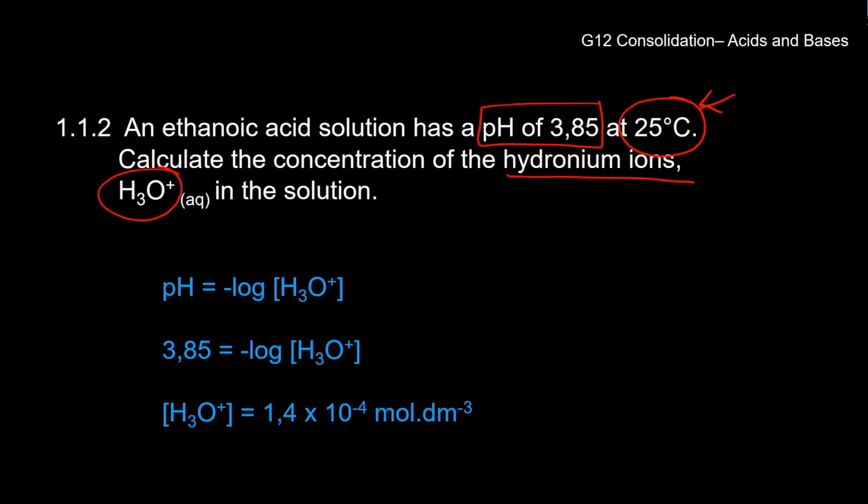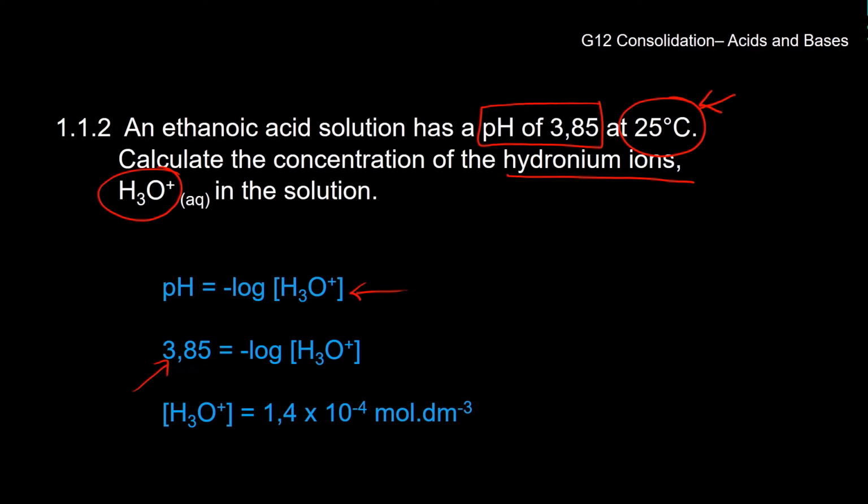Calculate the concentration of these hydronium ions in solution. We're going to use that equation that we have just seen: pH is equal to minus log of the concentration of the hydronium ions. We know what the pH is, it is 3,85, so we're going to substitute that in.